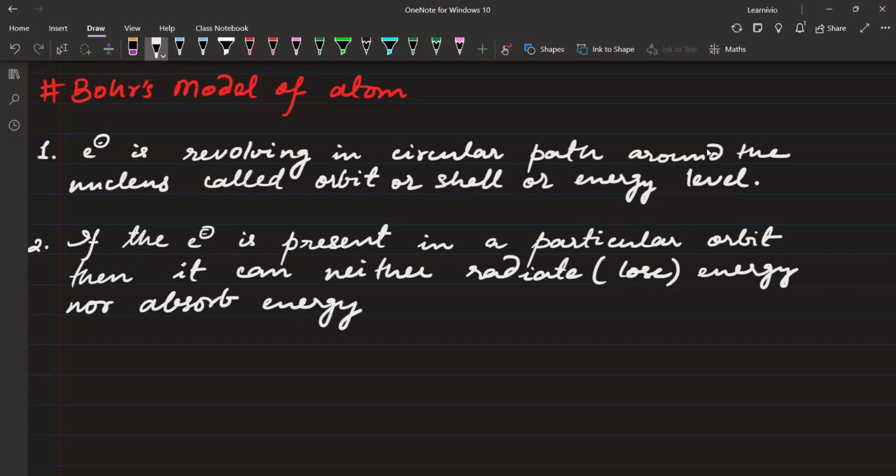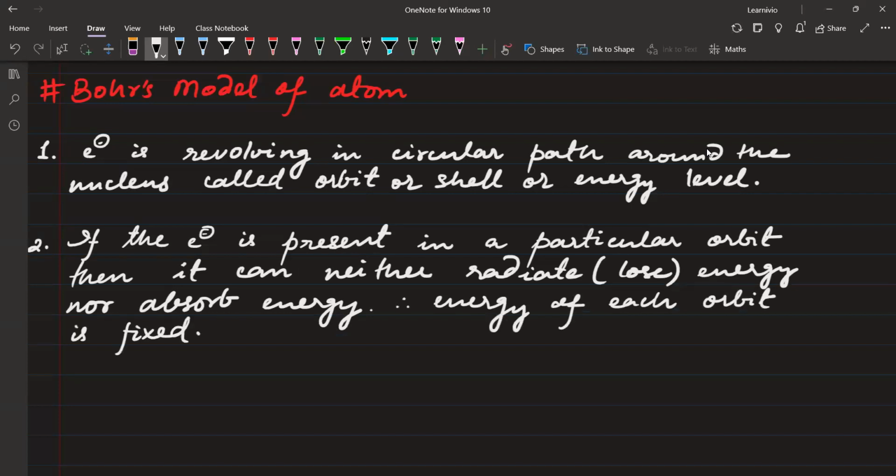Absorb का मतलब it cannot gain energy also ना. Therefore, energy of each orbit is fixed. Energy of each orbit is fixed. ठीक है, it is fixed.